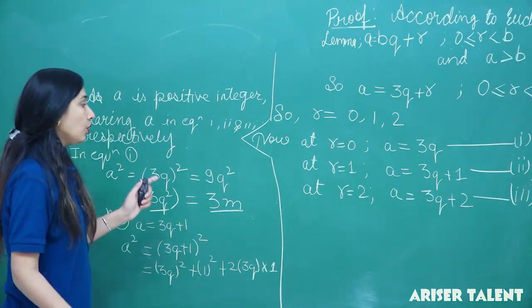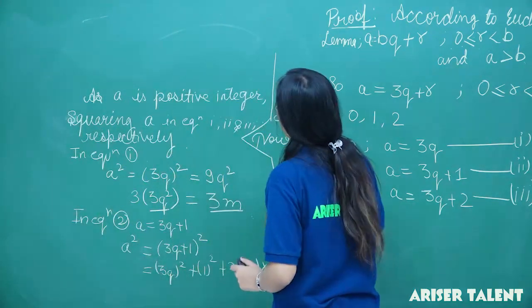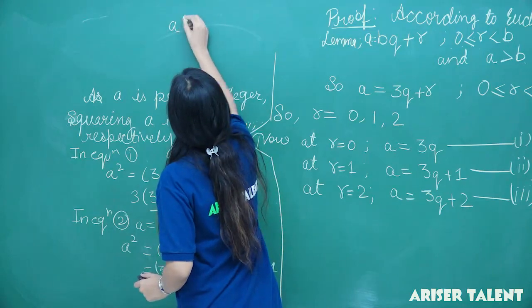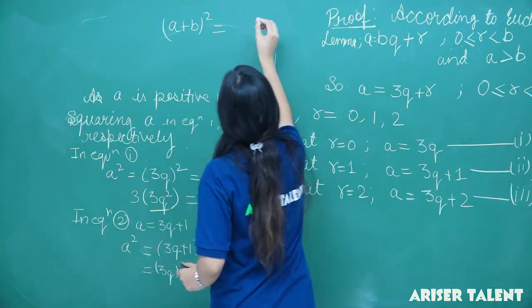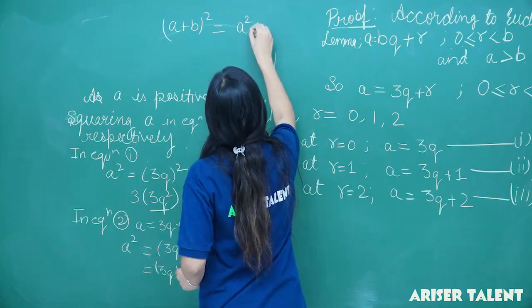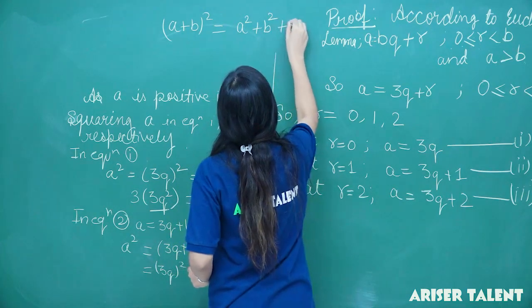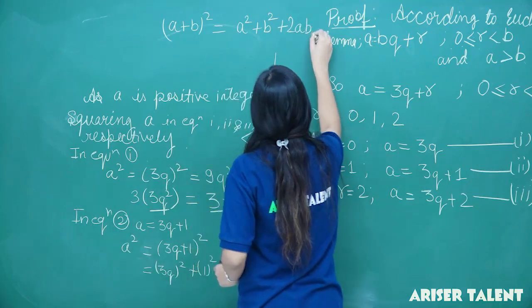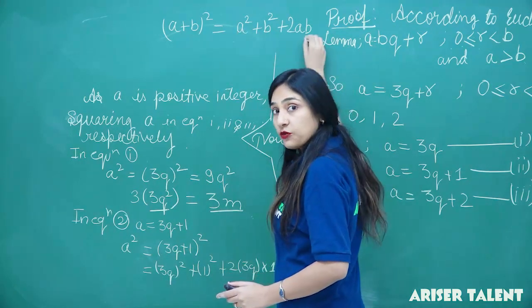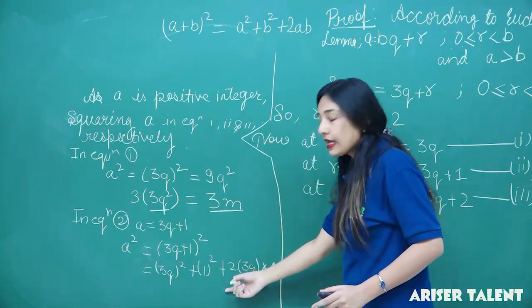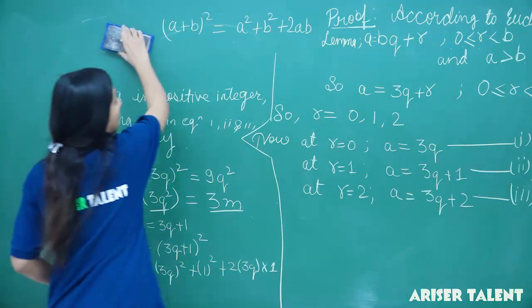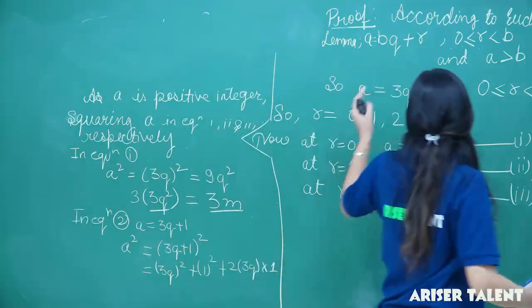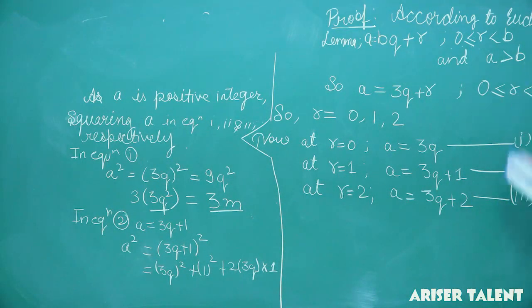For those who do not know, the formula is here: a plus b whole square equals a square plus b square plus 2ab. Okay, from this formula we expanded this and got the result. Note this part, I am going to rub this part.